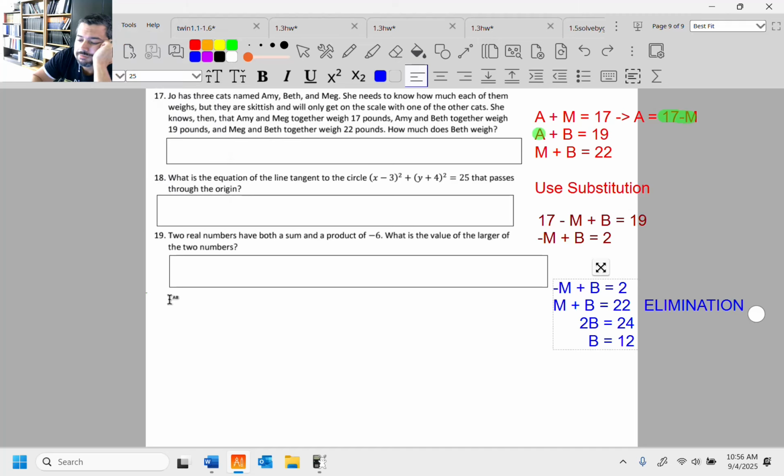All that good stuff. Now, I don't expect that you remember this, but the standard form of a circle is x minus h, quantity squared, plus y minus k, quantity squared, and it's equal to the radius squared.